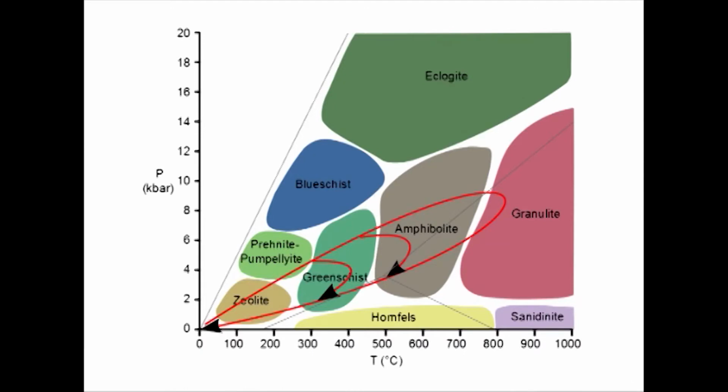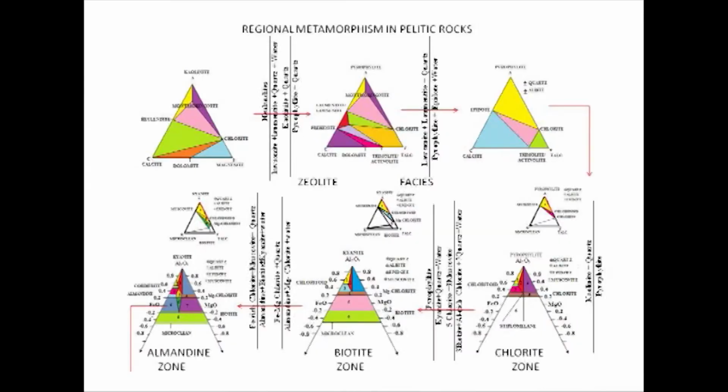In this topic, we will discuss in detail, particularly for the pelitic rocks, how they are metamorphosed right from zeolite phases up to granulite phases, with special reference to AFM diagrams and important reactions.